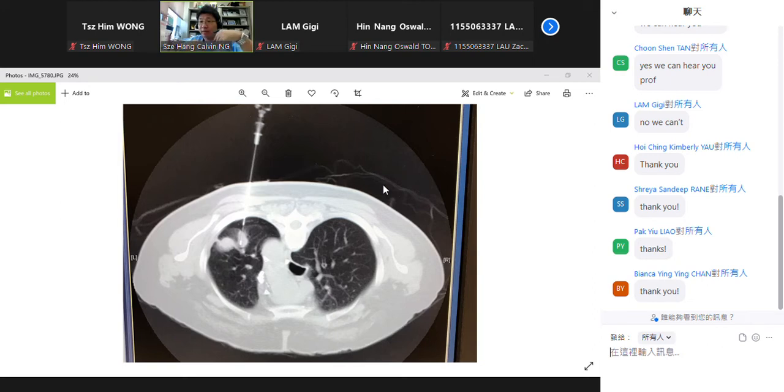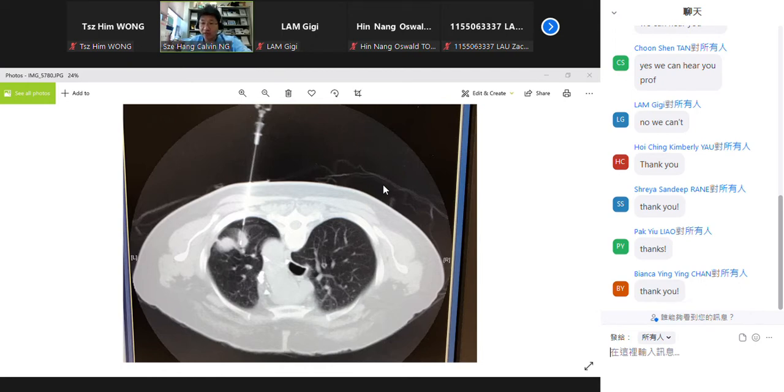So how do we actually go about staging the mediastinal lymph nodes? So first of all, you can use EBUS, which is a larger bore bronchoscope with an ultrasound at the end that you give some sedation to the patient, and it goes into the patient's mouth. You put a mouth guard around the mouth so it doesn't break your EBUS, and you put it down through the vocal cords into the trachea.